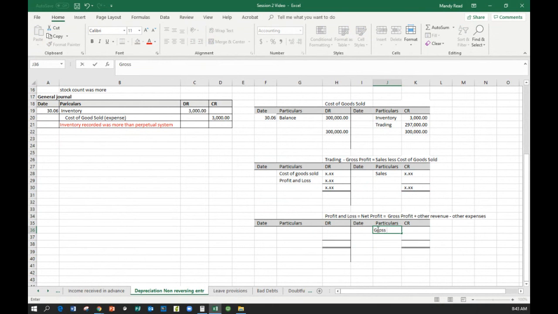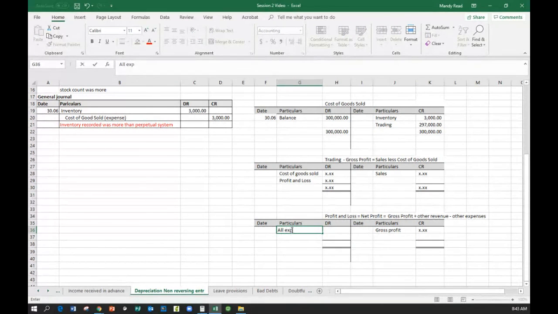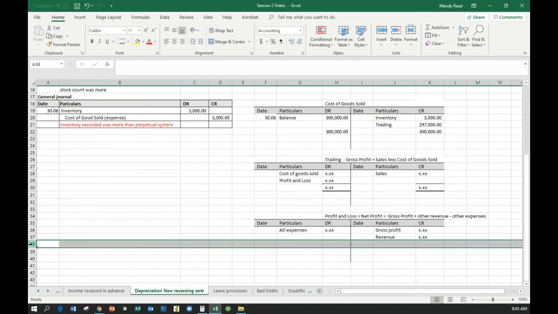So our first entry will be gross profit. We then are going to close off all our expenses to the net profit account. Any other revenue will get closed off to the net profit account.